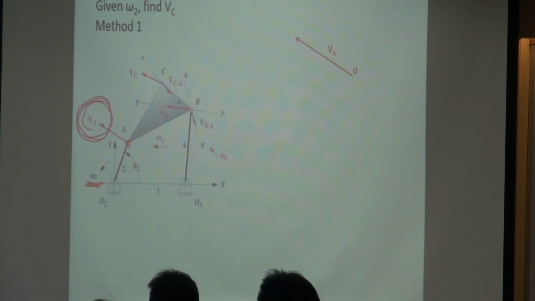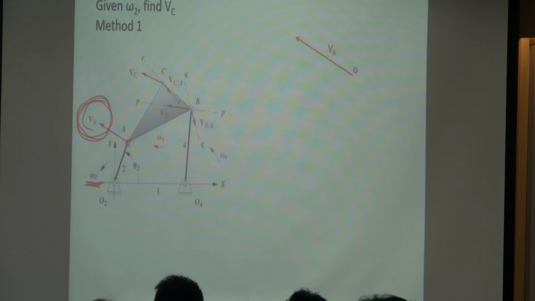The omega 2 right now is counterclockwise. So we know the velocity is going to be perpendicular to this bar, right? It's just tangent to the motion of the point. So VA is perpendicular to this bar.